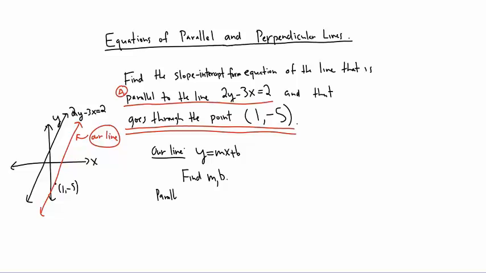Remember, parallel lines have equal slopes. So m equals the slope of 2y minus 3x equals 2.